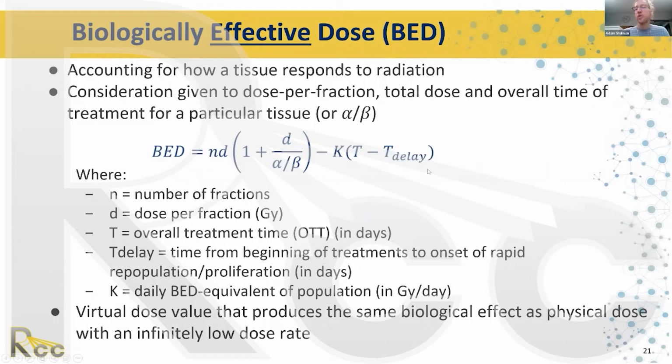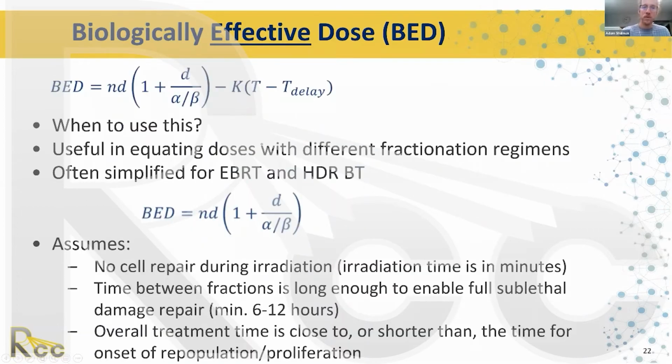So most of the time, for proliferation, we're talking about tumor cells that proliferate rapidly. So after a number of days, 2 weeks to 6 weeks, there's the overall treatment time minus this delay.